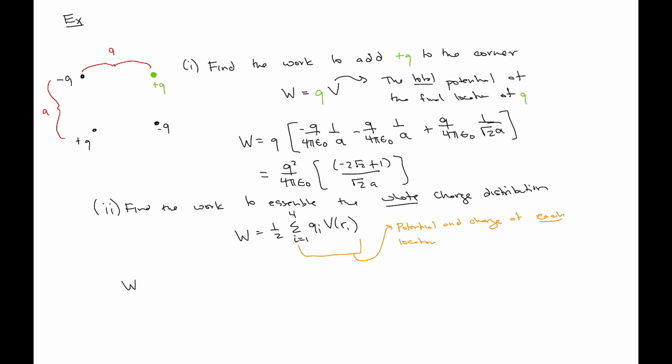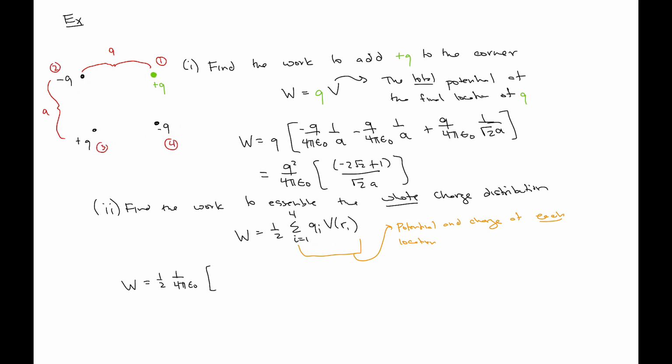So this ends up being a little bit longer. I get a 1/2 out here still. I'm going to pull that 1 over 4 pi epsilon naught common factor out. Okay, and then let's do it 1 by 1 here. So I'm going to label this as 1 and 2 and 3 and 4.